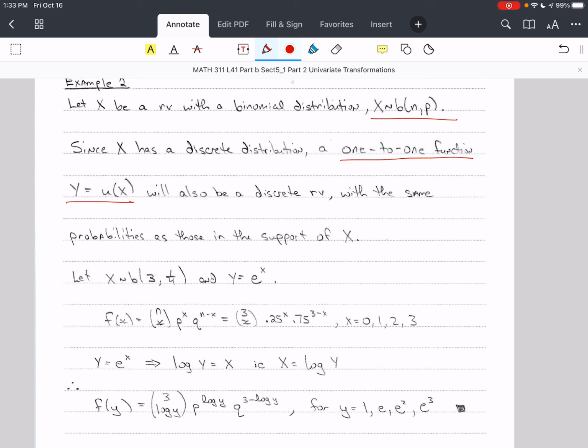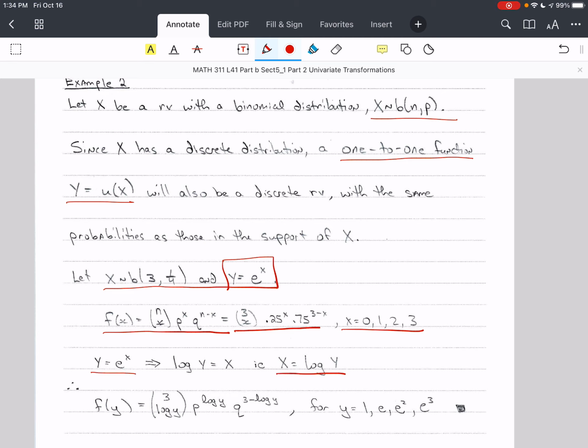So here we are going to use the binomial, and we're going to make this 1-to-1 transformation, y equals e raised to the x. And what we did was we wrote out the PMF of x, and we plugged in the parameters that we had, and we wrote the space of x, or support of x, and then we found the inverse transformation on y.